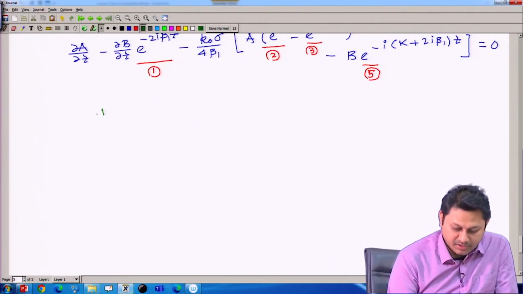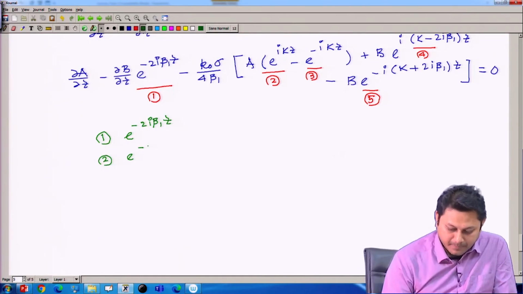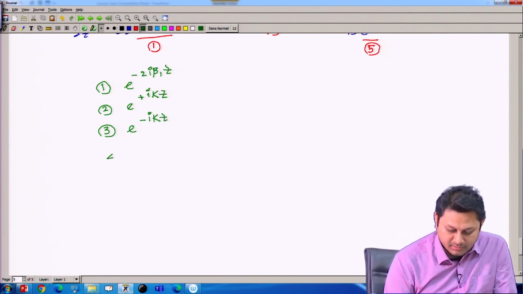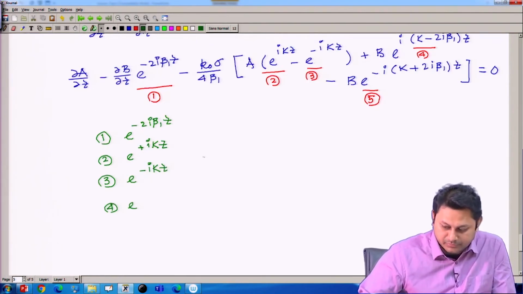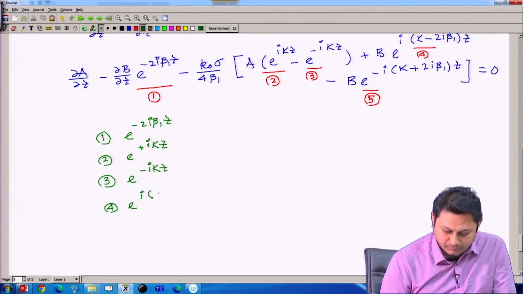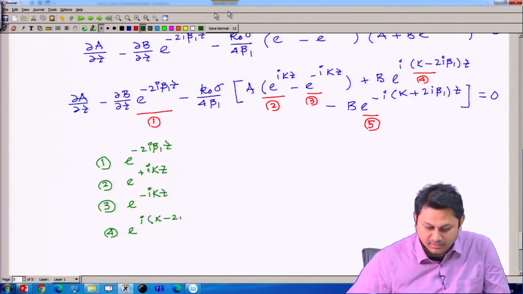The first term is e to the power of minus 2 i beta 1 z, second term is e to the power of minus i kz, third term is e to the power of, sorry, this is plus, so minus i kz, fourth term is a very important term, e to the power of i k minus 2, sorry, since I take i common, I have a mistake here. So, this i should not be here.